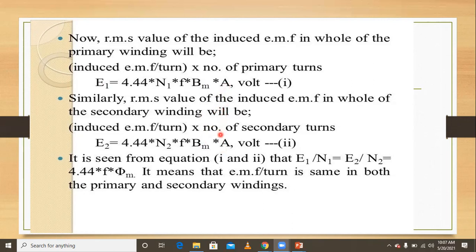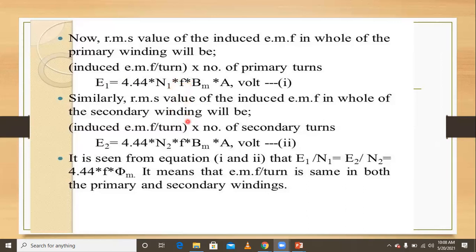So for the same transformer, we have induced EMF in the primary winding and induced EMF in the secondary winding. Only the number of turns in the primary and secondary windings are changing, but the transformer is not changing. Also the operating frequency of the transformer is constant. The transformer is a constant frequency device, a constant flux device.